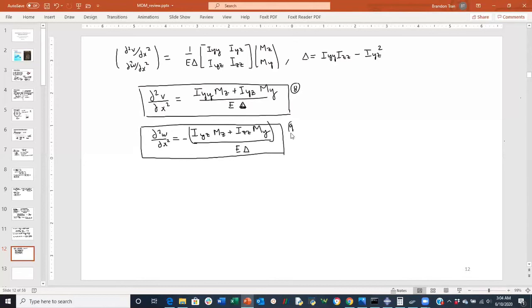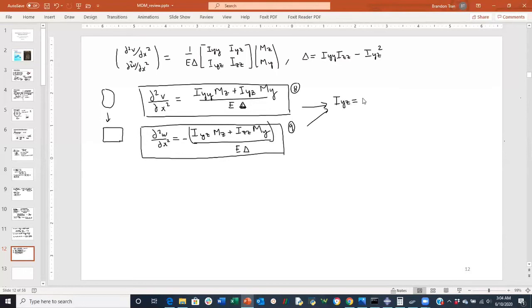Now, what you might realize from these equations is, for example, if we have a symmetric cross-section. In these examples, I've been using a cross-section that's an oblong, arbitrary shape, but if we use a symmetric cross-section, say a rectangle, Iyz becomes 0.